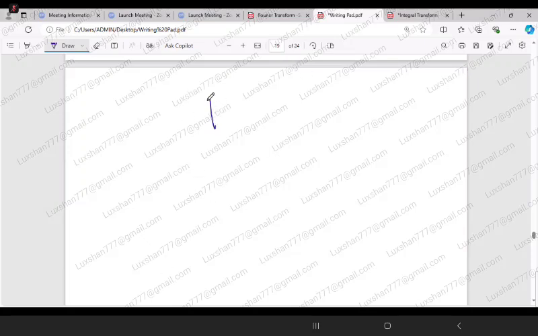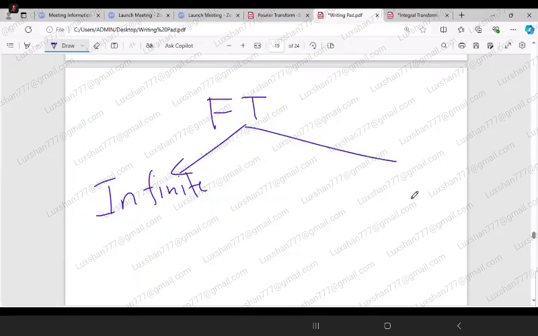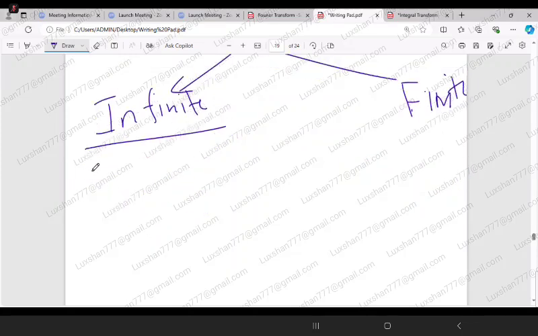So Fourier transform. When I talk about the Fourier transform, we have two cases. One is the infinite, the second one is the finite one. Under the infinite, first we studied the integral representation.